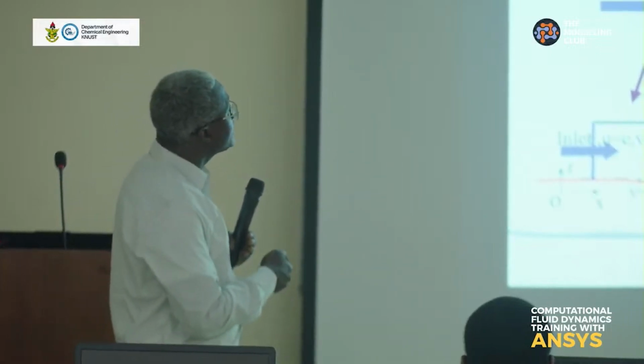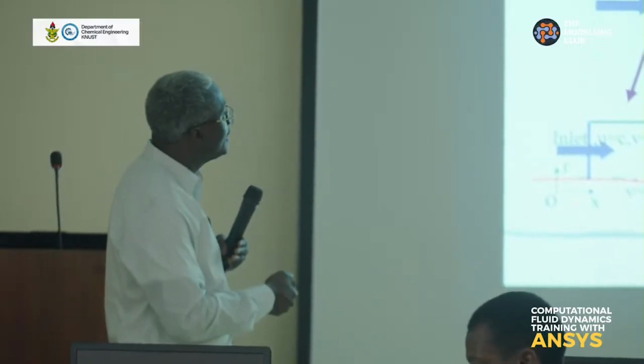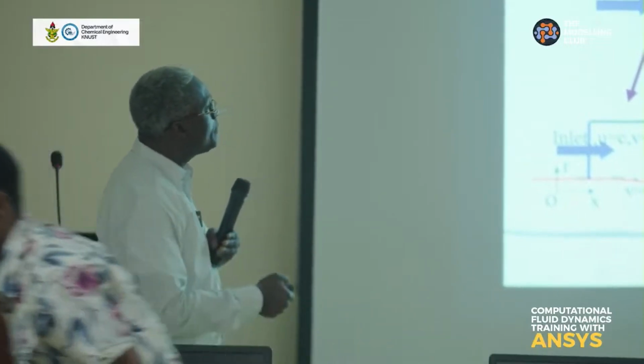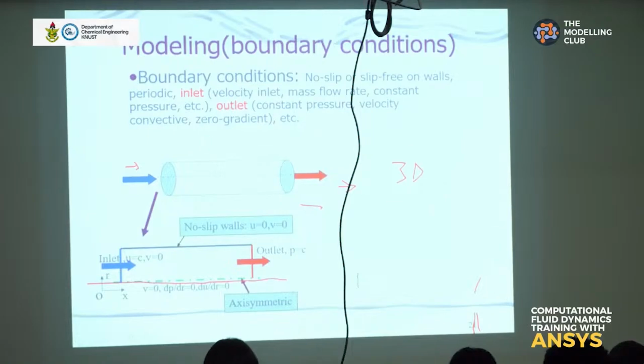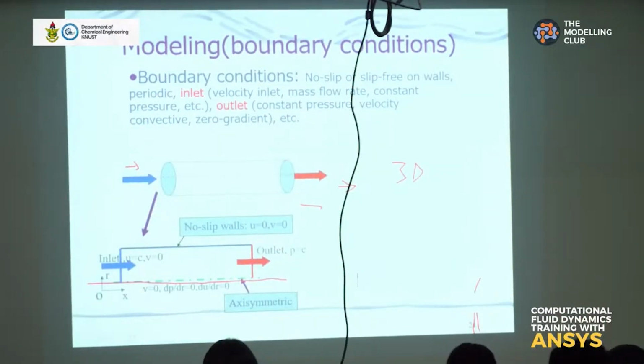So let's look at flow in a pipe. We can look at it from the three-dimensional view. You have flow entering here and flow leaving. And we can also look at it in a two-dimensional sense. By two-dimensional sense, I'm saying that I know I have symmetry along the axis.